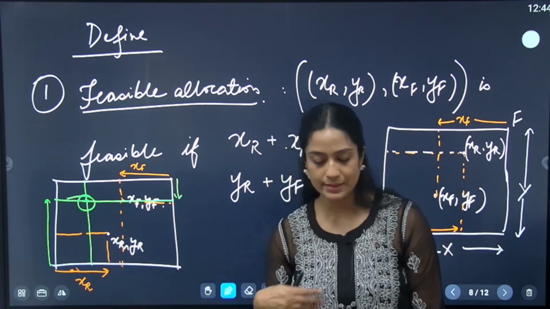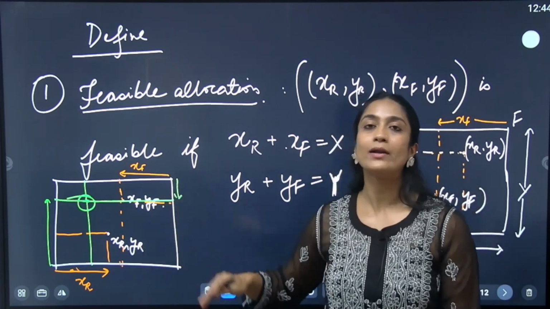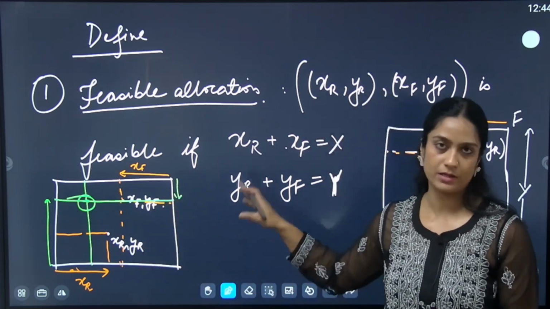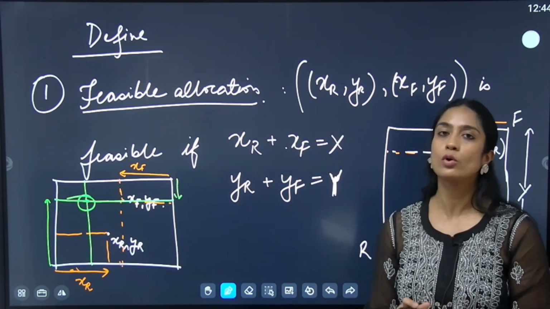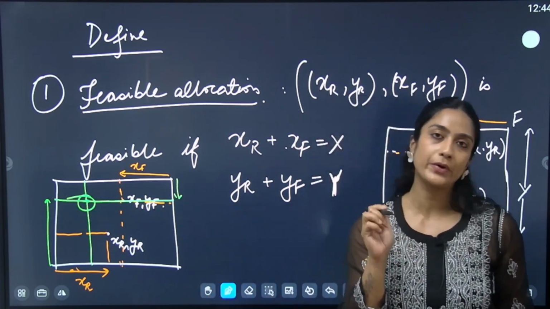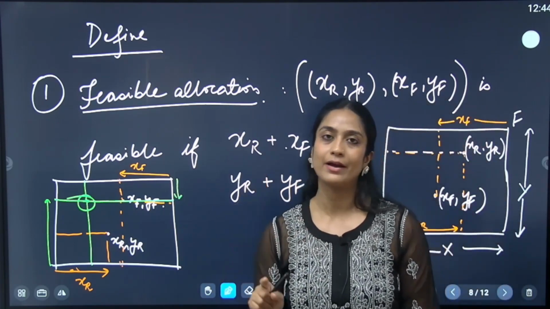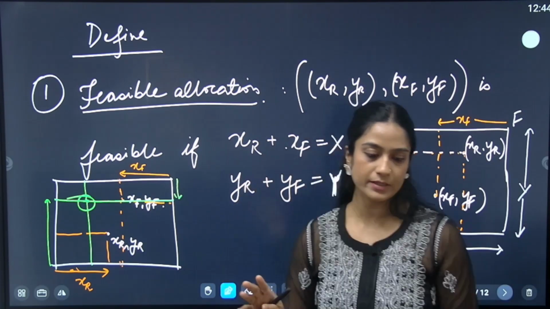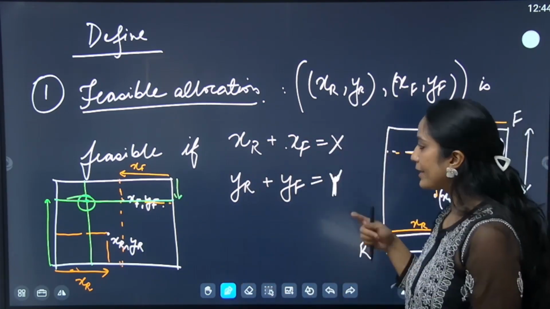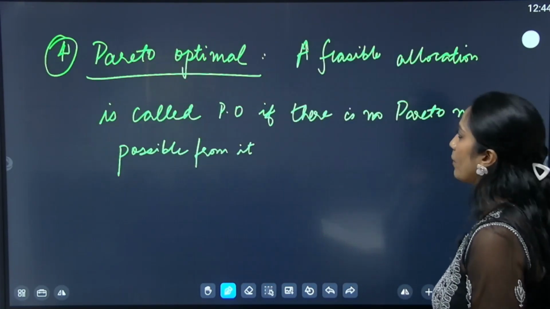And that's why, since this bundle can never be Pareto optimal, we will discard these kinds of bundles. So from now on, we'll only focus on bundles that are feasible. That means that they can be represented by a single point on the Edgeworth box. All the existing resources of X and Y are definitely exhausted. Okay? And this is the first point about a Pareto optimal bundle.